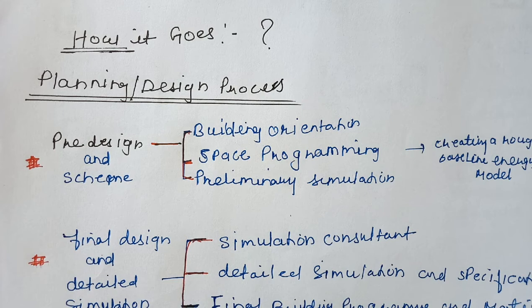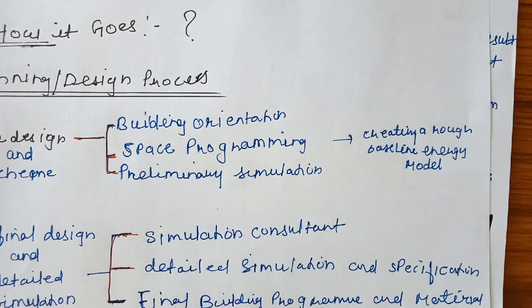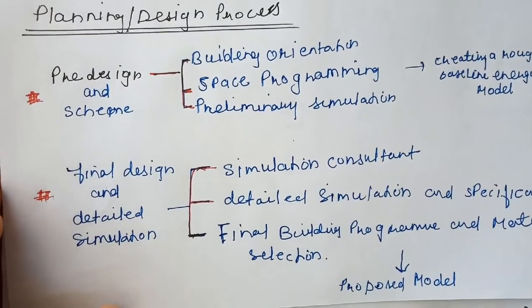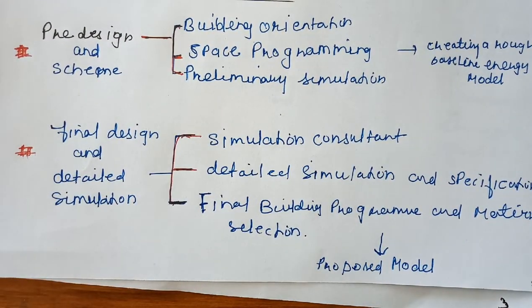Next we will discuss how this process goes with our design process. In the pre-design and schematic stage, we do building orientation, space programming, and preliminary simulation, and we give a rough baseline energy model for these components. We utilize the rough baseline model in our final design and detailed simulation, and then do simulation again with the help of consultants, like electrical consultants and building energy modeling consultants.